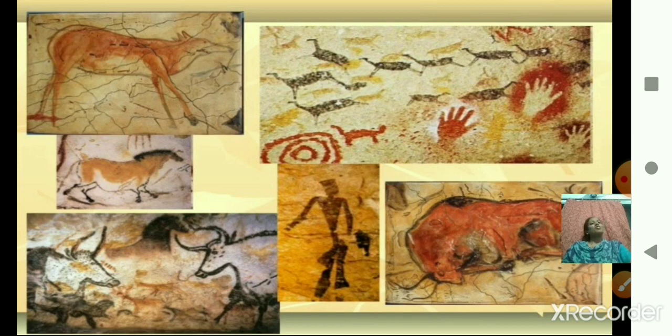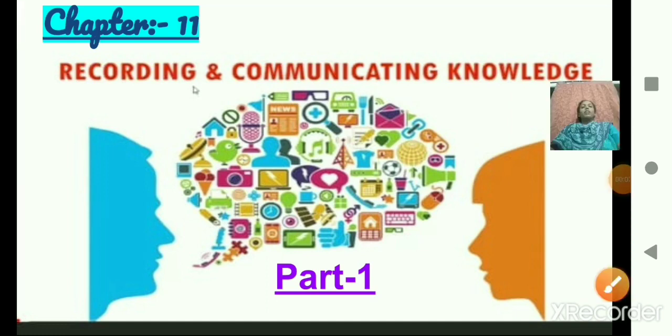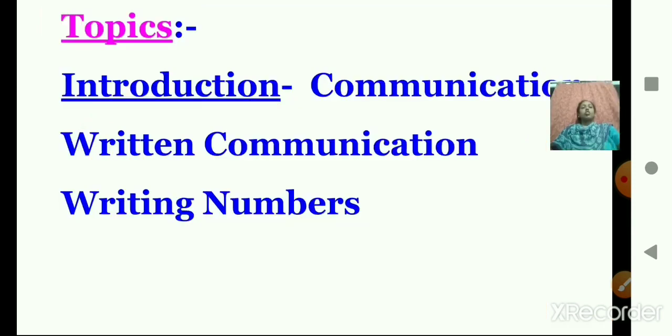How did they draw and where did they draw, all this we are going to see in chapter 11, that is reading and communicating knowledge. This is part 1. In this chapter, we will be looking at how to record and communicate knowledge. So let's see the topics.